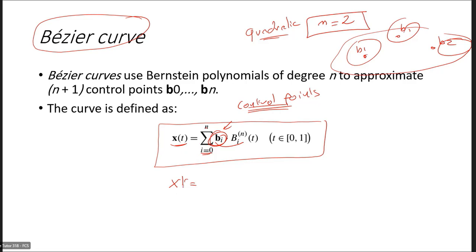Now what is x of t? It is the summation of b_i multiplied by b_i,n. Initially we have i equals 0, so we have B0 multiplied by Bernstein b_0,2, where our n is 2. This is the first term. Plus, now i will be incremented to 1, so B1 multiplied by Bernstein b_1,2.